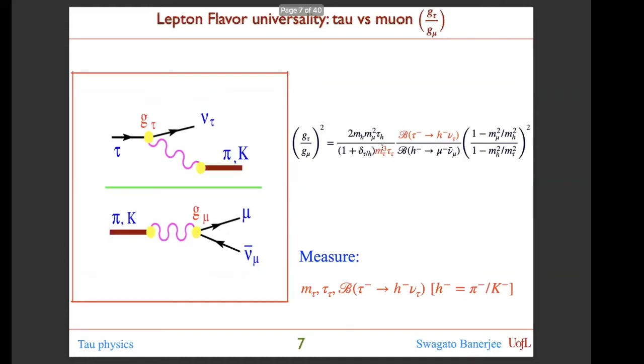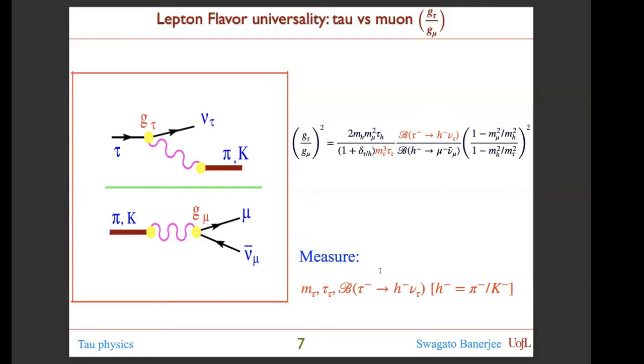Now, G tau over G mu can also be obtained by looking at this diagram, which shows tau goes to, for example, pion, and pi goes to mu. In this case, the coupling at the yellow vertex shown here is again G tau over G mu, and the decay constants for the pion cancel in this ratio. So we need to measure again the mass of the tau, the lifetime of the tau, and the branching fraction of tau goes to pion, or tau goes to kaon, because both of them are sensitive to this ratio.